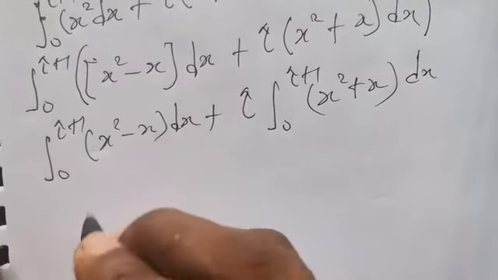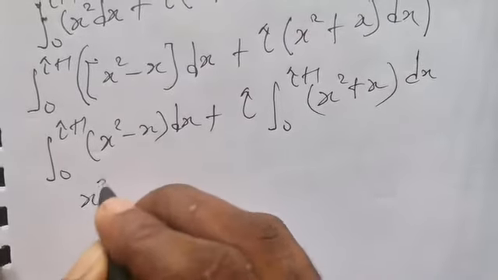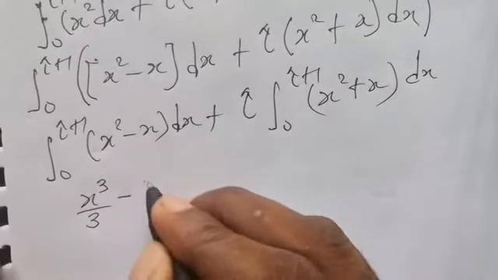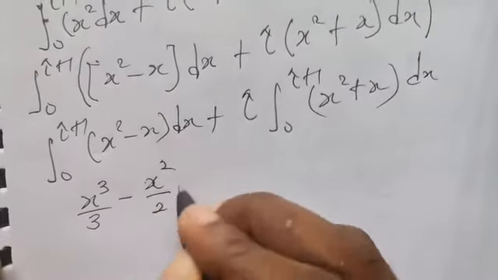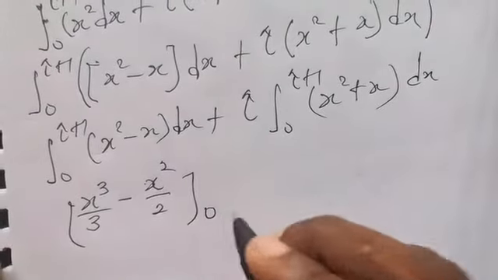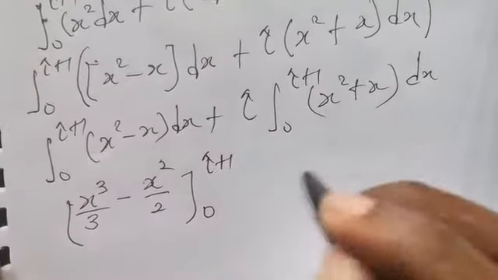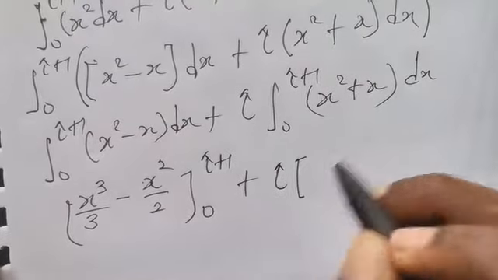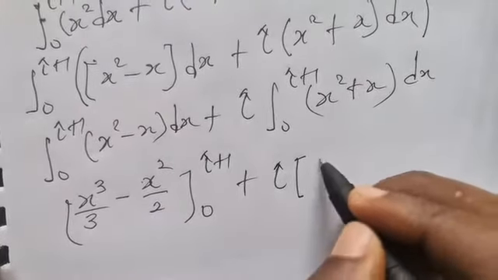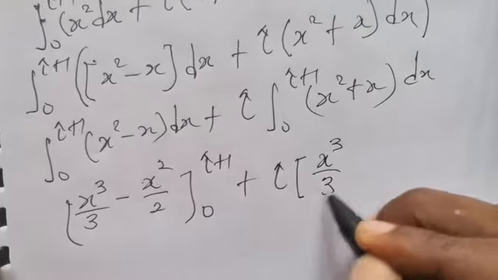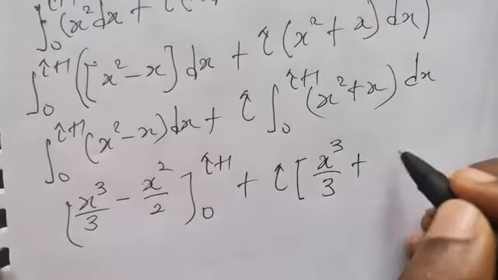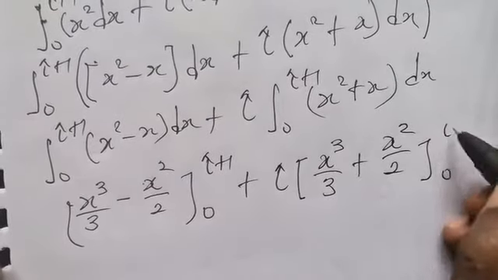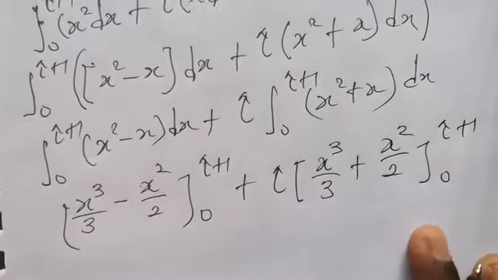If we integrate x squared, this becomes x to the power of 3 all over 3, minus, if we integrate x, we have x to the power of 2 all over 2. Our limit is from 0 to i plus 1. Plus we have i into, similarly, x to the power of 3 all over 3 plus x to the power of 2 all over 2. Limit is from 0 to i plus 1.